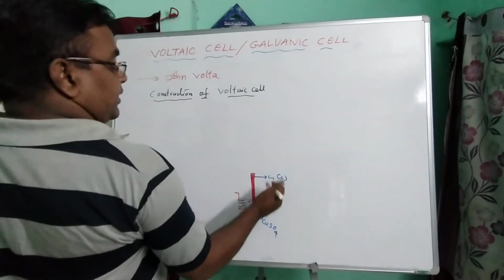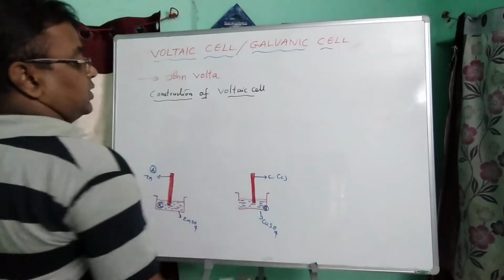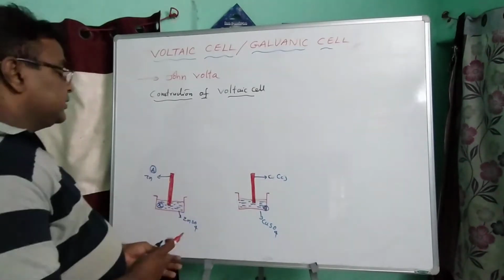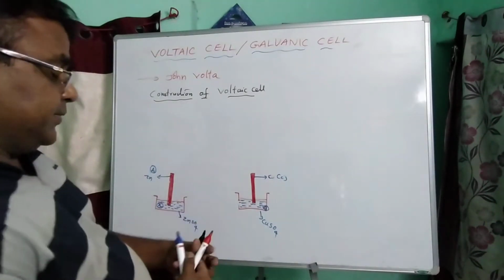A copper rod dipped in copper sulfate solution acts as the cathode, that means where the reduction reaction takes place. So these are the two half cells.